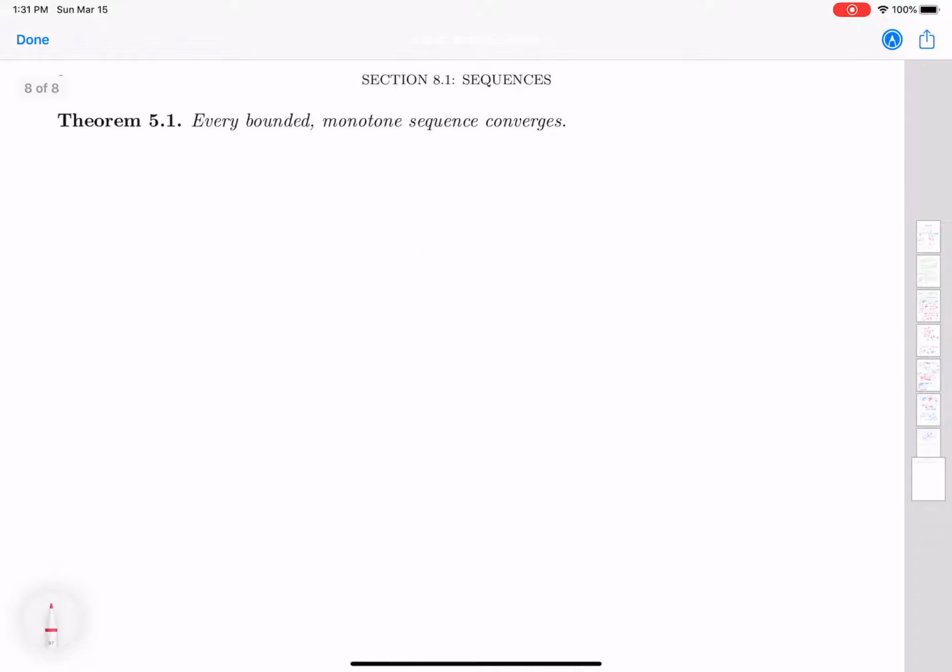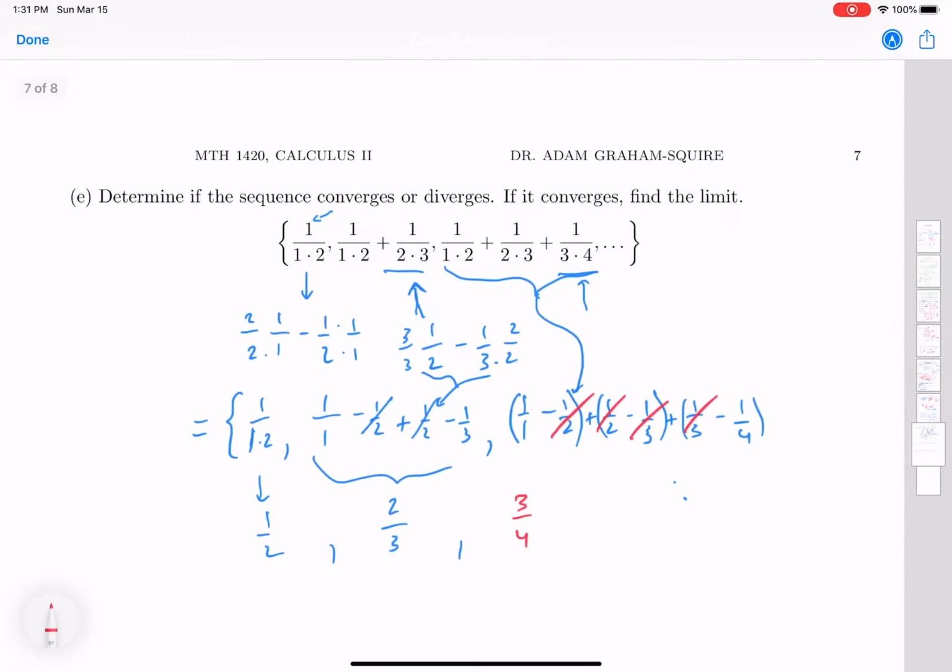So this whole sequence is really equivalent to the sequence 1 minus, I guess for each of these, this is where I've got n equals 2, and I'm doing 1 minus 1 over 3, so it's 1 minus 1 over n plus 1.